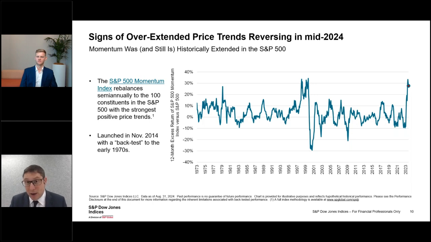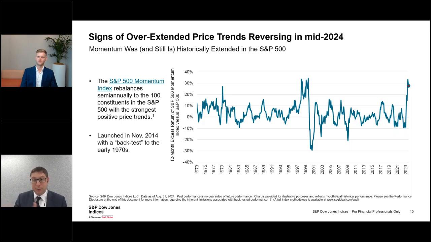We have an easy way of measuring this: there is something called the S&P 500 Momentum Index. This is an index that picks the 100 stocks of the S&P 500 with the strongest one-year price momentum. It has nearly 10 years of life history, and also has a back test to the 1970s. What I wanted to illustrate here, and this is a broader truth, is that if you look at trend following strategies, momentum strategies overall tend to have a positive performance.